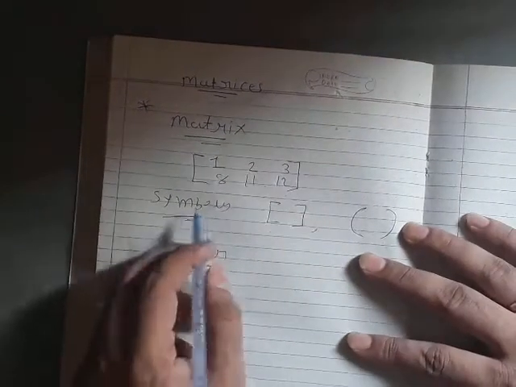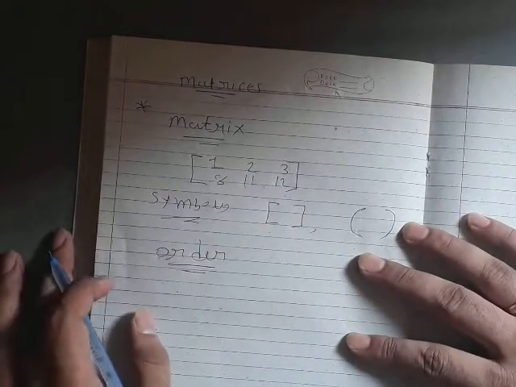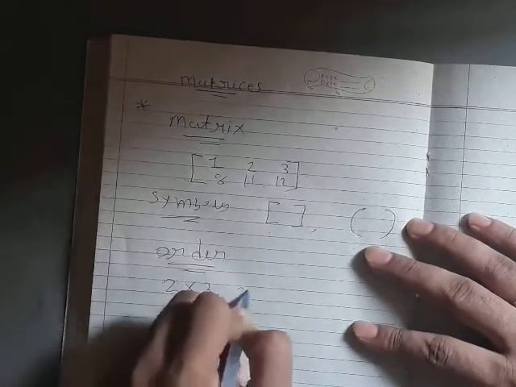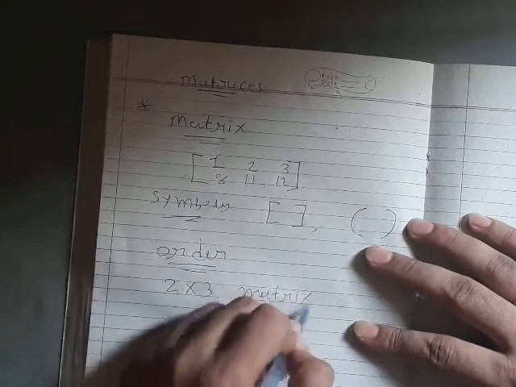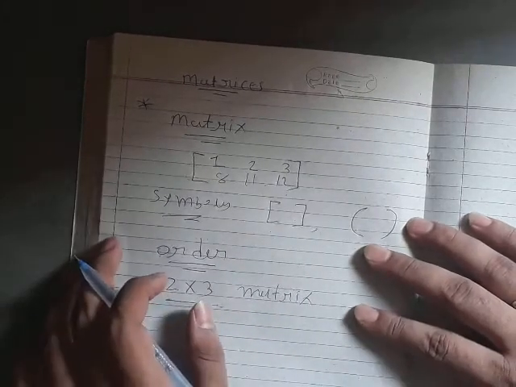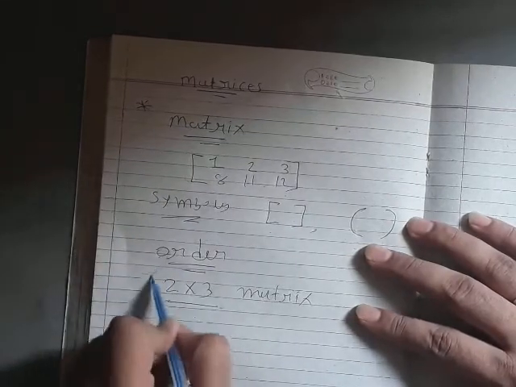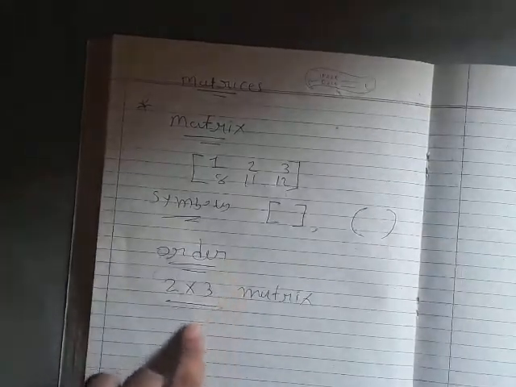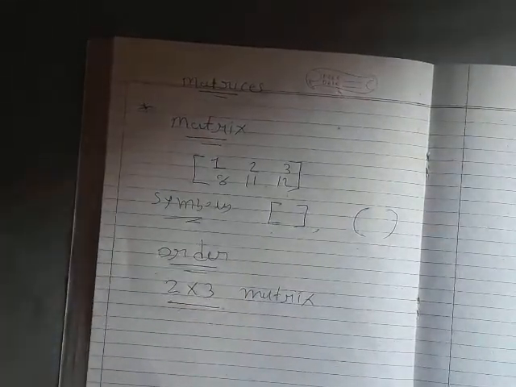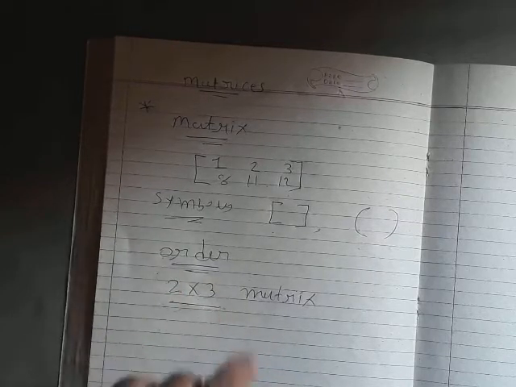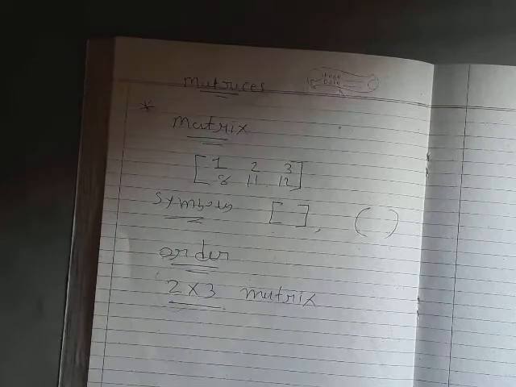So we will represent this matrix as a 2 cross 3 matrix. We have to keep in mind that the number of rows will be first, and the number of columns will be second. So this is the order of the matrix, 2 cross 3. It represents that the matrix has 2 rows and 3 columns. So that is the order of this matrix.